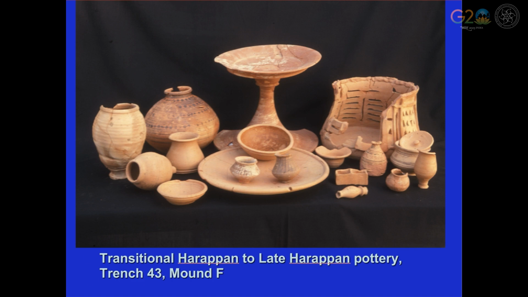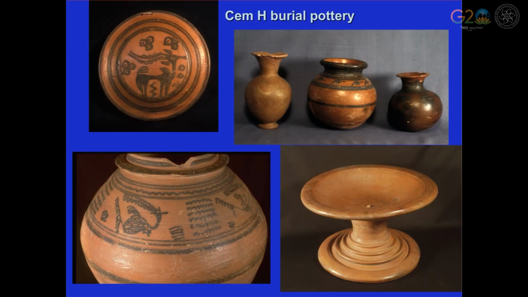So this is period 4 transition leading up to period 5, which are the cemetery H burial vessels, which are very distinctive, though they're made from the same clays that are found at Harappa. And here we start seeing new base shapes, new rim shapes, but dish on stands and large storage vessels show some continuity with the earlier Harappan period.